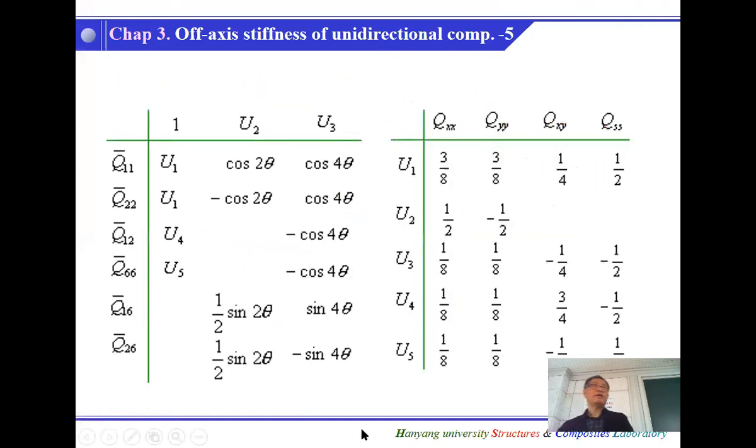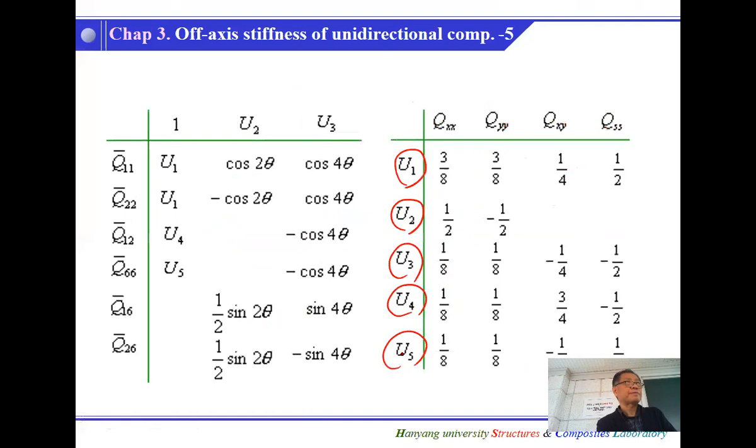And now here are the results. Okay, here are the results. They look quite different. But here we are defining new terms called U1, U2, U3, U4, and U5.